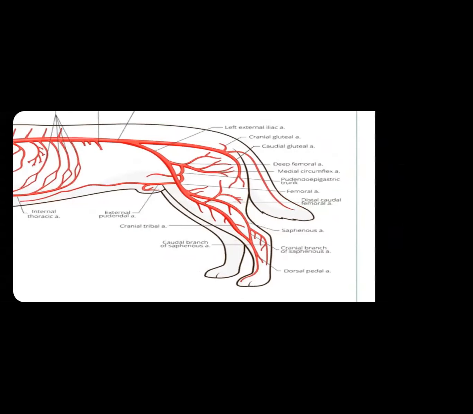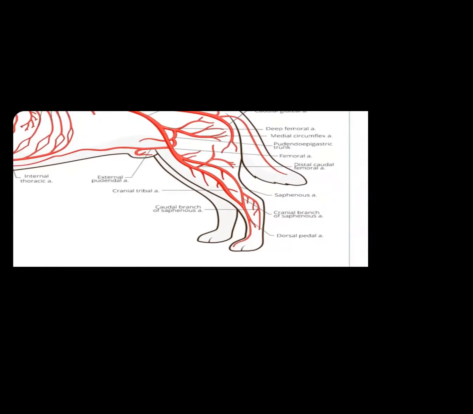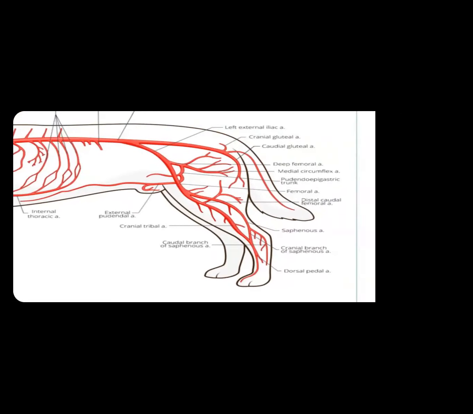It's branching off from the left external iliac artery. Then we've got the femoral artery, which is branching down and continuing down onto the femur. Then from the femur there, we've also got the distal caudofemoral artery, which is breaking from there and going distally or down.